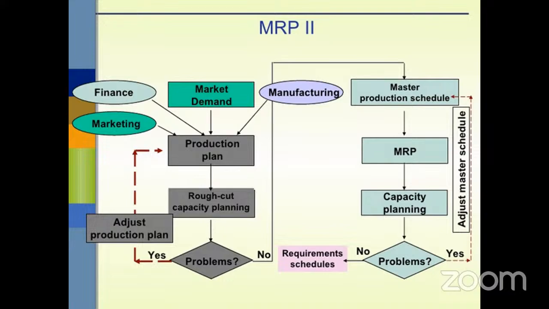If we move to the manufacturing side, we take the case of finance. That is the market demand. Second, we take into account the production plan, which considers manufacturing, marketing as well as finance. Next, after the production plan, we come down to rough cut capacity planning.